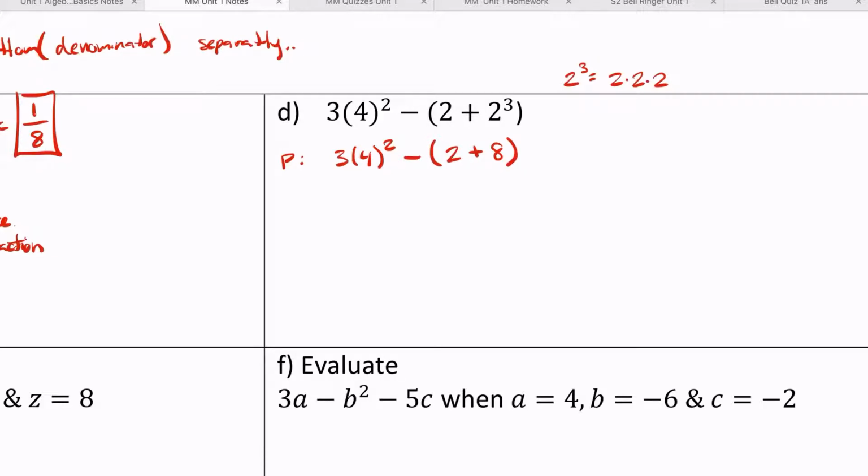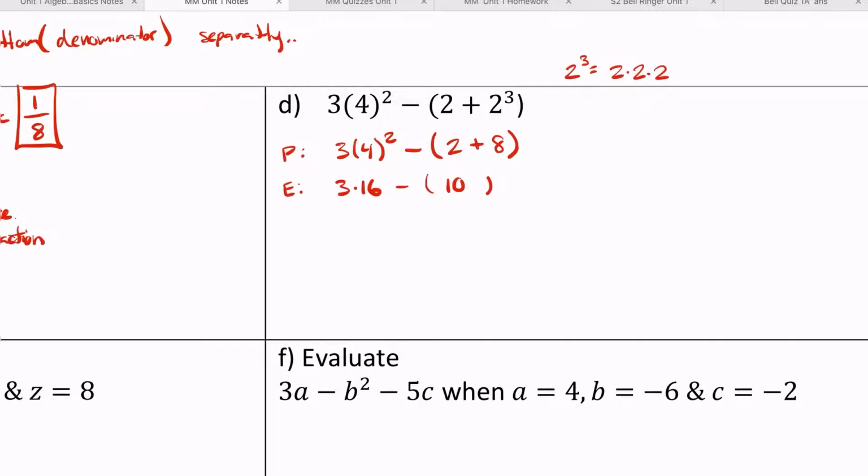And then we would want to do exponents. So we get 3 times 16 minus 2 plus 8. I guess we still need to evaluate that, which, well, why don't we just do that right now? 2 plus 8 gives us 10.